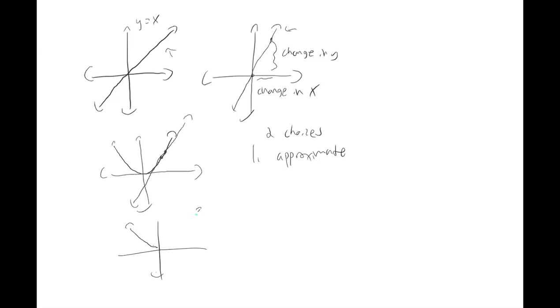So let me draw better. Like this. So you see, in this neighborhood the value of the line is close to the value of the function. So one way to solve this is to approximate using points close by.